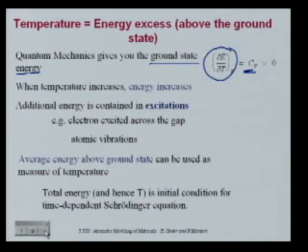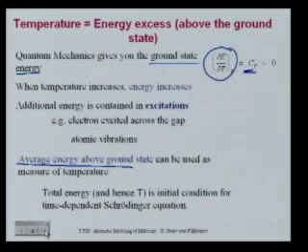So we will often go back between the measure of temperature as temperature, or simply the measure of excitation energy as temperature. Essentially, the amount of energy you're above the ground state can be used as a measure of temperature. And let me show that.